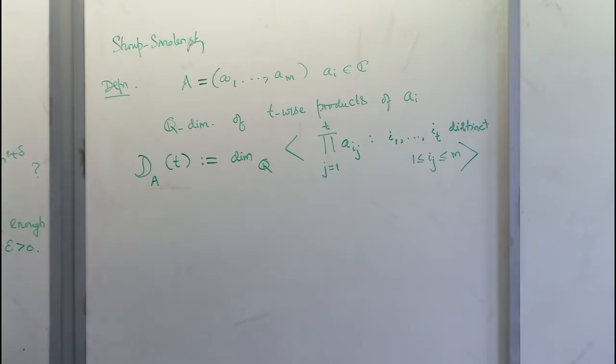So it's just the dimension of the number field generated by these t-tuples.